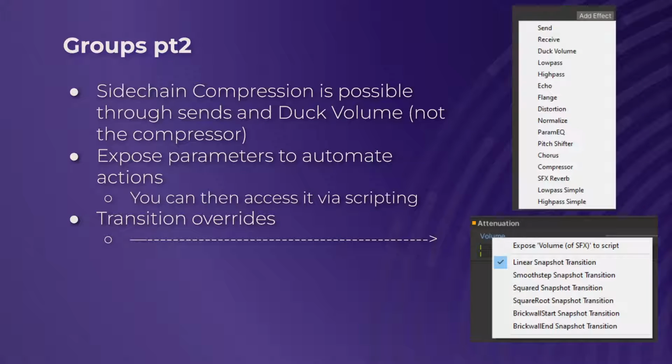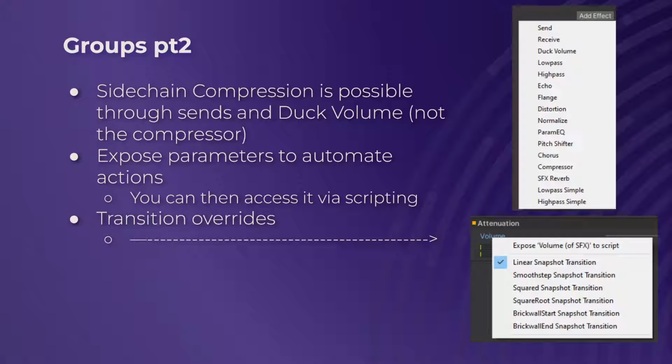And now we've got the effects that you can add. Just starting that off, sidechain compression is possible. As I was figuring out prior to the session and left in, you don't use that with an actual compressor, which is strange, but you use the duck volume effect and a send.